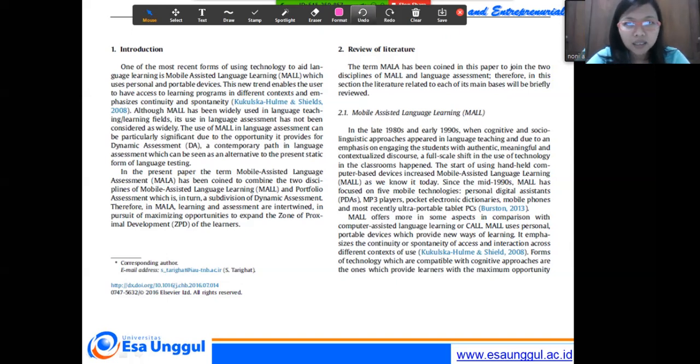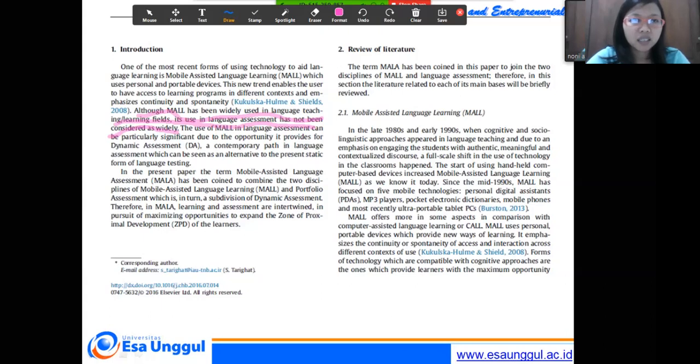We can see from this statement: although MAL, in this context mobile assisted language learning, has been widely used in language teaching or learning fields, its use in language assessment has not been considered as widely.